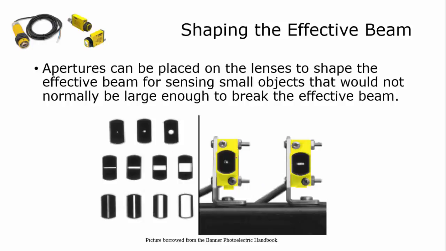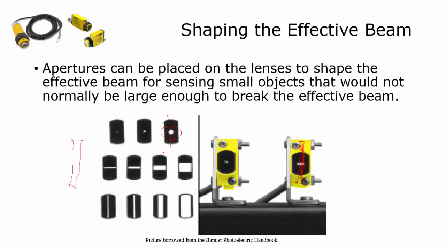I'll use an example, like if you had a sensor this size, but you're trying to sense a product that's fairly thin, where you're not going to break the effective beam, you can put an aperture on the front of this so that it will break the effective beam. So maybe if I use this one, I can have my product come in there and still break the effective beam. So you can get apertures.